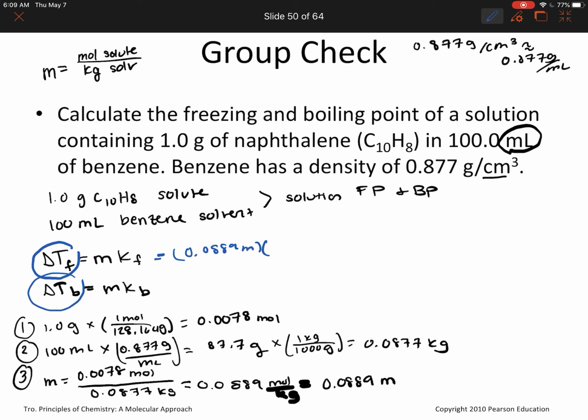I need my freezing point constant. So I have to look up the freezing point constant of naphthalene, and the boiling point constant.